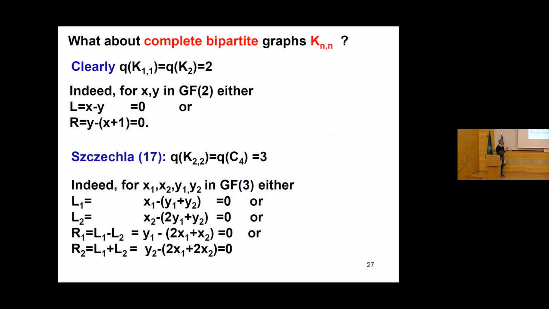There are some known results about small complete bipartite graphs, and there were some questions about this. The only thing I wanted to mention here is that for complete bipartite graphs K11 or K22, there are always optimal guessing schemes that are linear. They are similar to the one I described for the complete graph. My guess about the color of my hat is a linear function of the colors that I see.